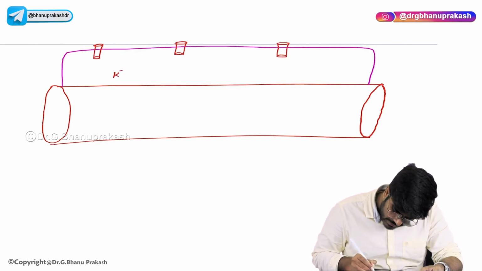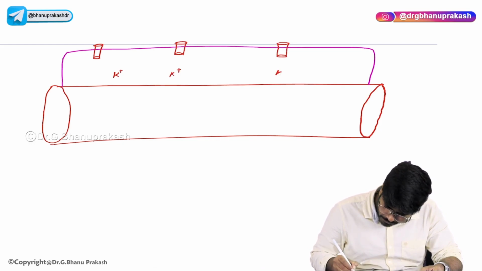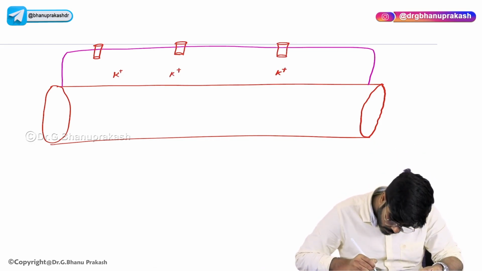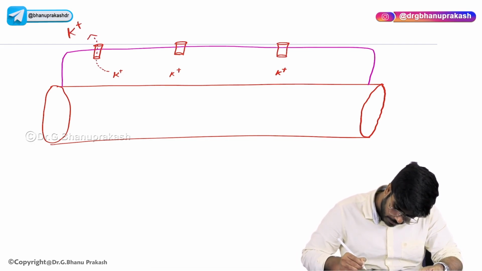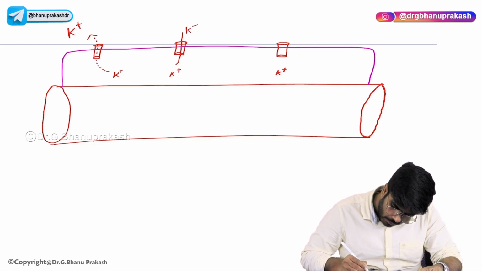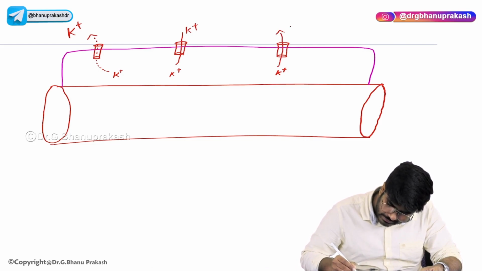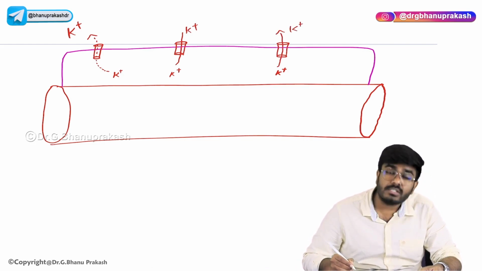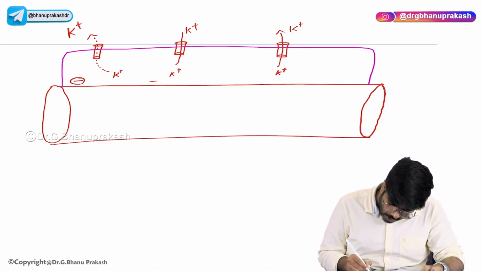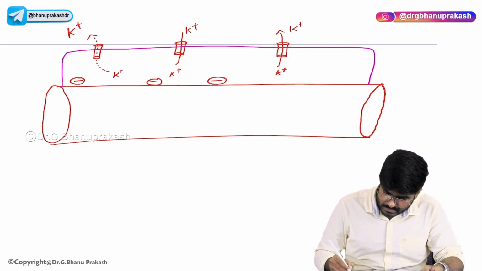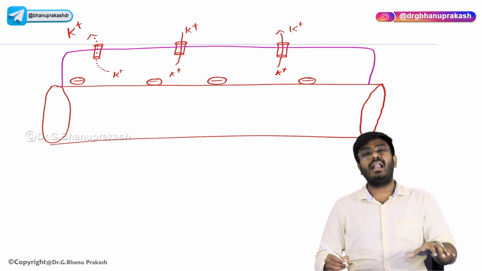We all know inside the cell potassium is more, so normally potassium keeps leaking out of the cell. What happens to the resting membrane potential? It is all the time negative inside the cell, which means these cells are hyperpolarized.